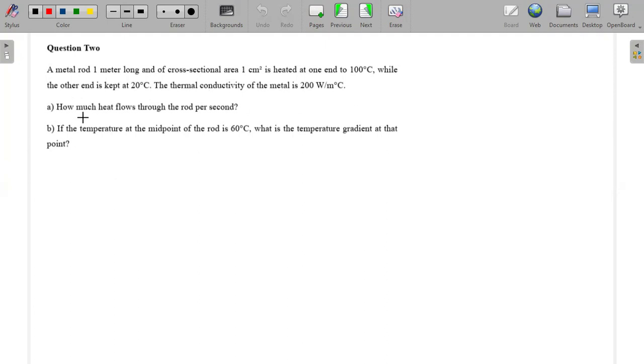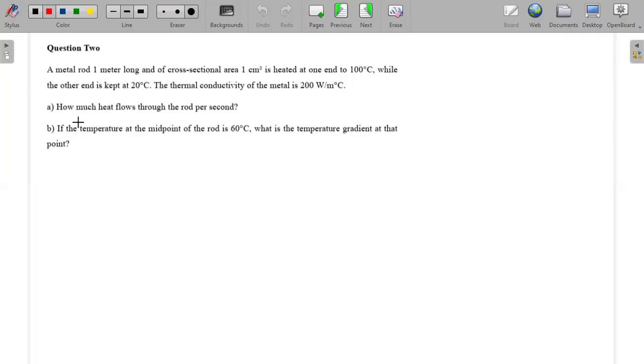Part A, how much heat flows through the rod per second? And part B, if the temperature at the midpoint of the rod is 60 degrees Celsius, what is the temperature gradient at that particular point?